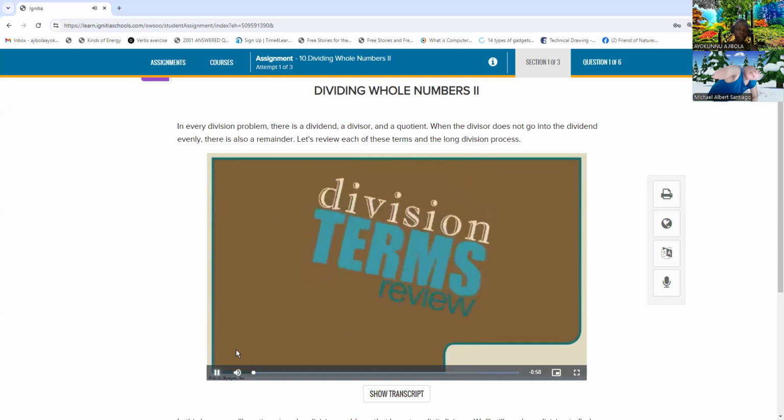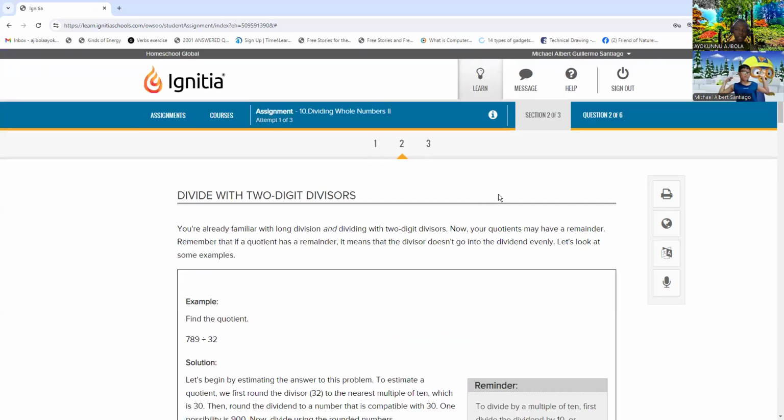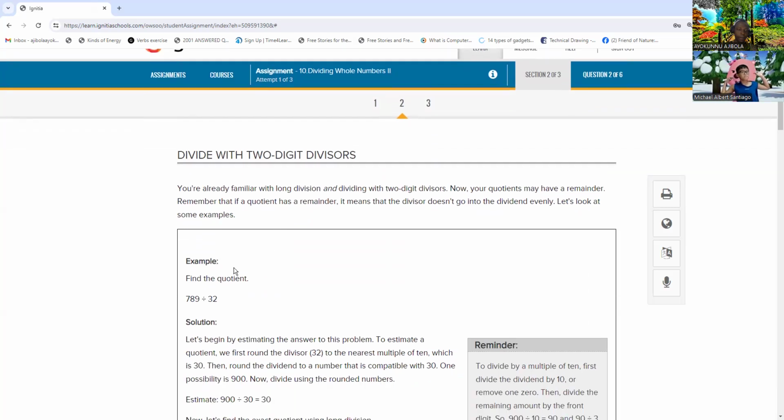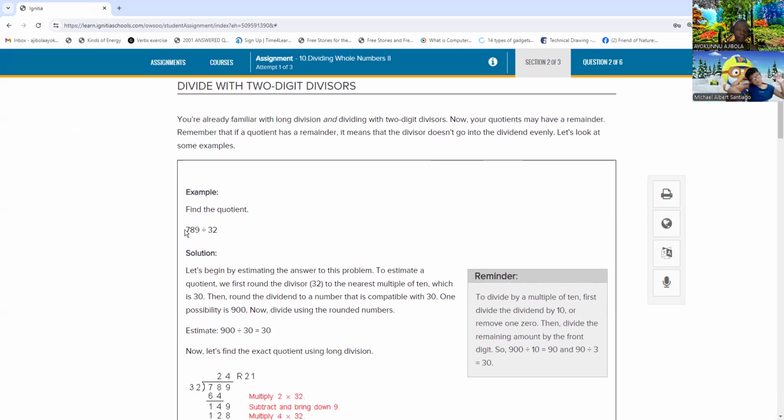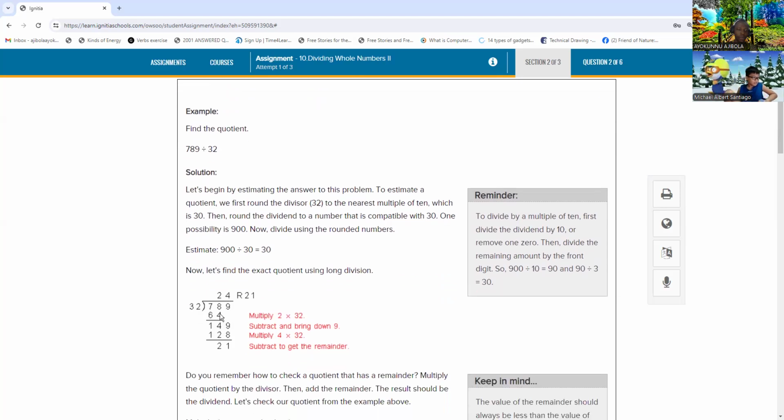Okay, we'll move on. Let's go to the next section before we work on any question. It says find the quotient. Then we surely must have a remainder, okay? So 32 cannot divide into 7. Then we have 78. 32 in 78 is 2. 2 times 32 gives 64, okay?